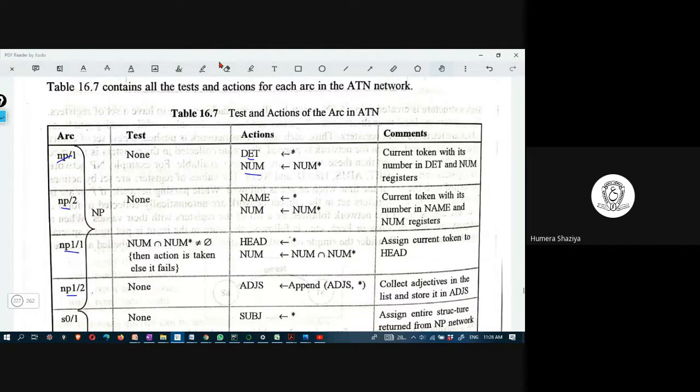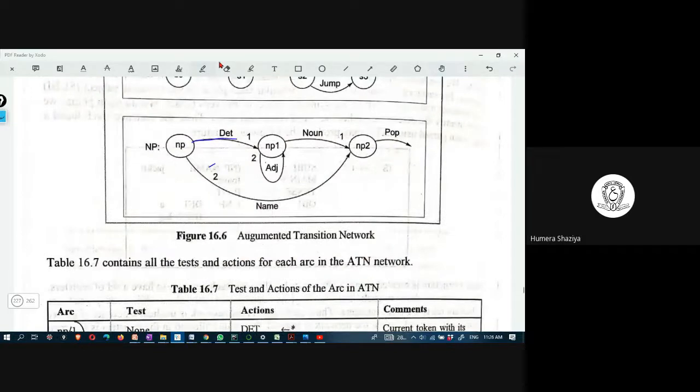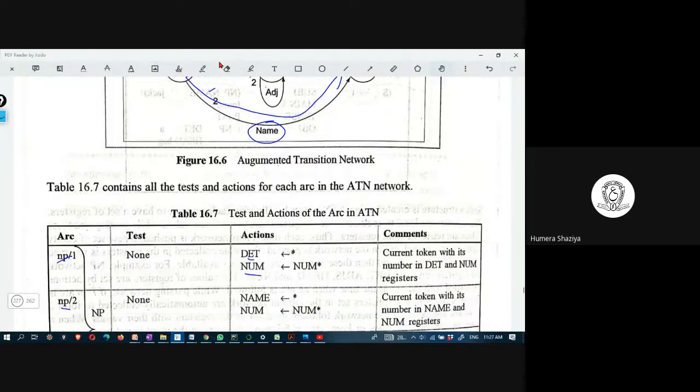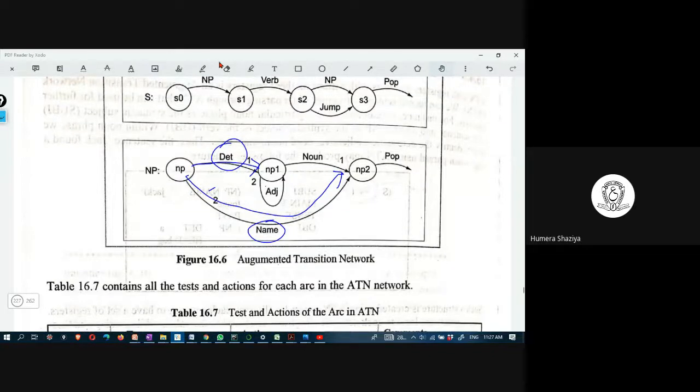Then NP oblique 2, name. NP oblique 2 is here. This is 1. This is 2. 1 is the determiner. 2 is the name. Current token with its number in determiner and number register. Perhaps here this 1 would be stored.